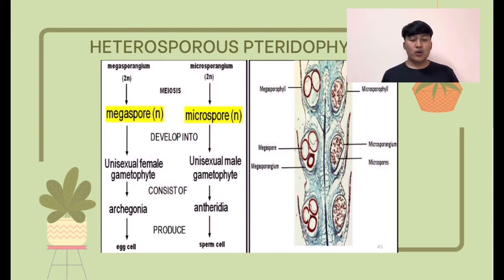Then megaspore will develop into unisexual female gametophytes. Microspore will develop into unisexual male gametophytes. The female gametophyte consists of archegonia and will produce the egg cell. The unisexual male gametophyte consists of antheridia and will produce sperm cells.